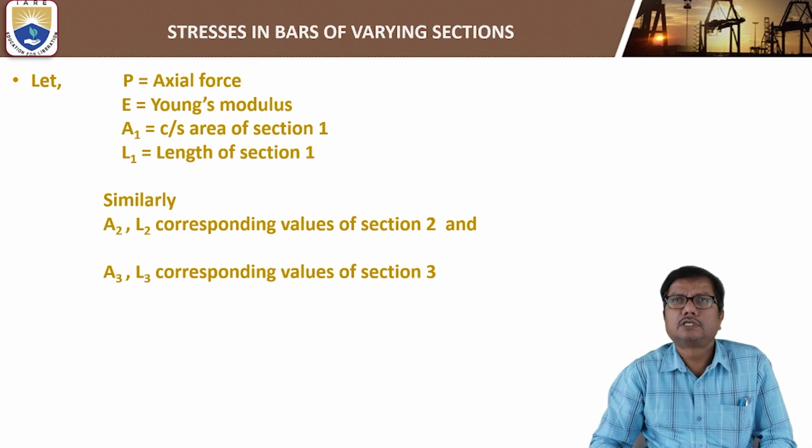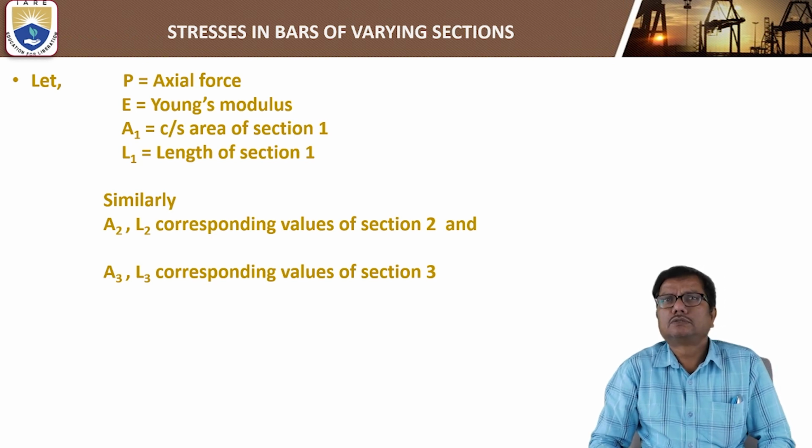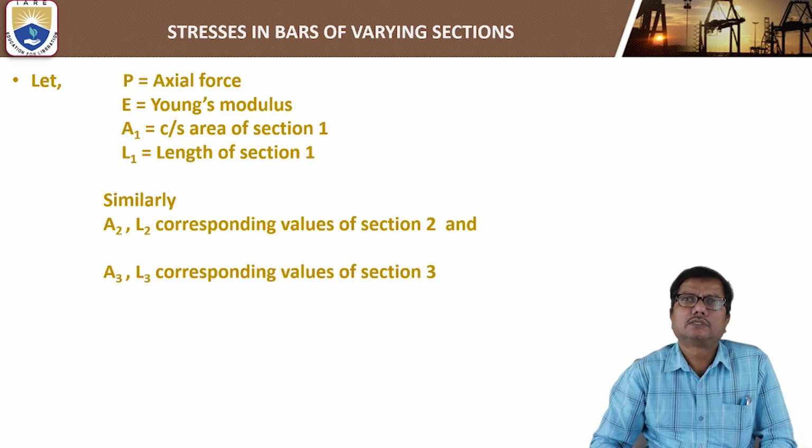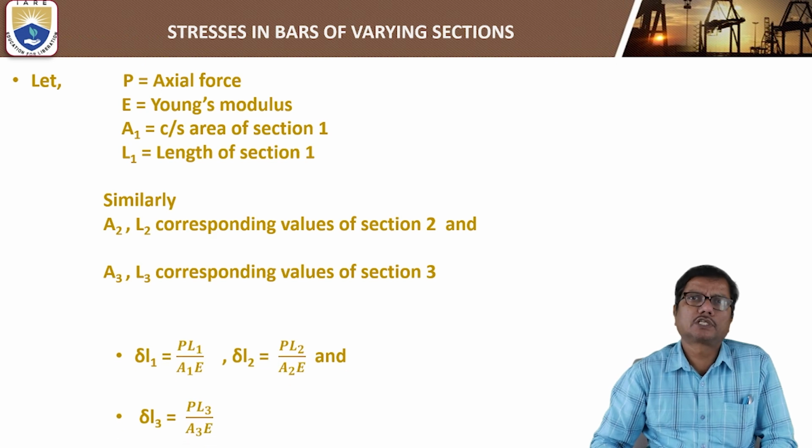It is possible that two different metals may be connected together and subjected to axial force. In such a case, the Young's moduli will be different. So for section 1, the area A1 and length L1; A2, L2, A3, L3 are the corresponding values for sections 2 and 3 as shown in the figure.